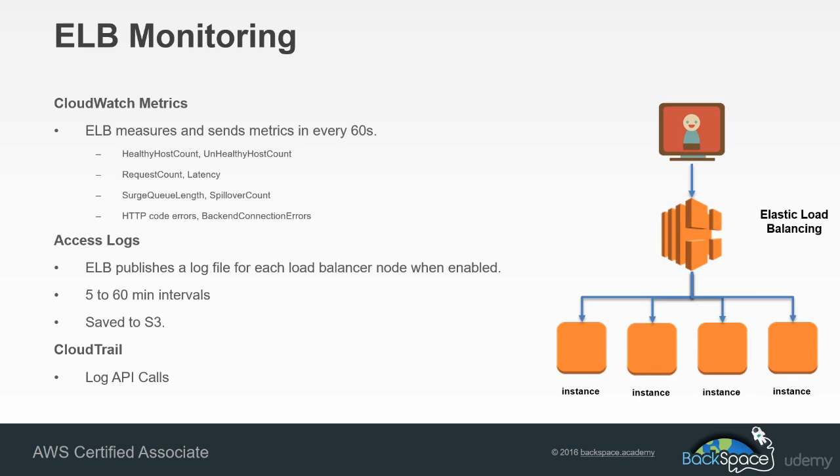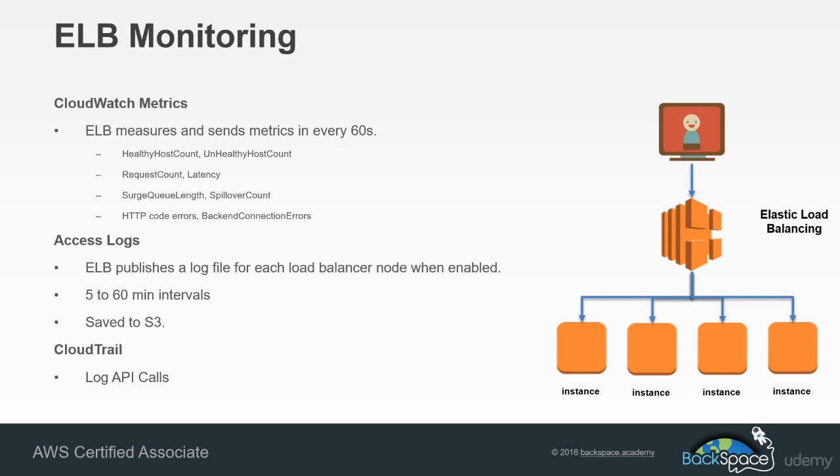Obviously healthy host count, we know what that is: how many are healthy and how many are unhealthy. The request count is basically the rate of requests over a period of time. And latency, obviously, is the delay of response. Then we look at surge queue length.